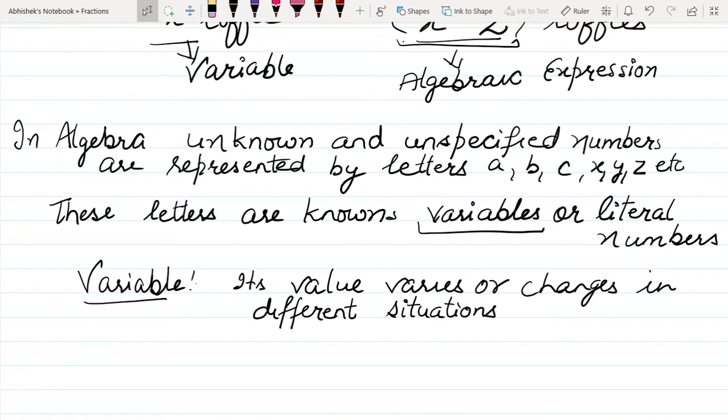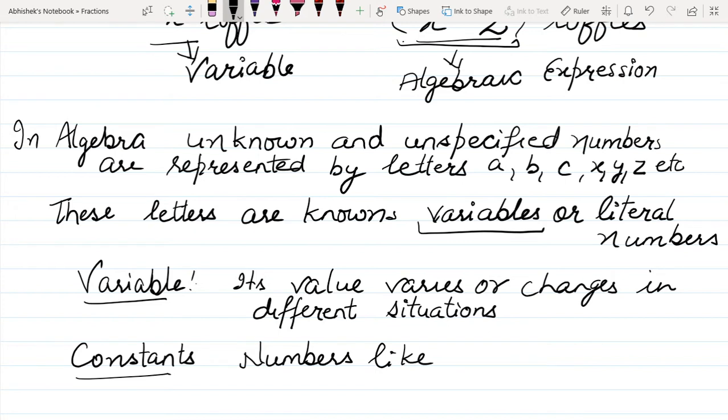Now what is a constant? Numbers which have a definite value. We cannot change them. We have numbers like 0, 1, 2, 5.5, 7/2, and so on.